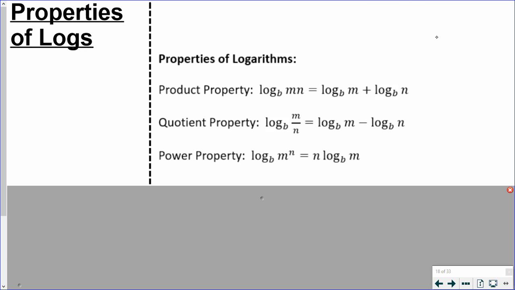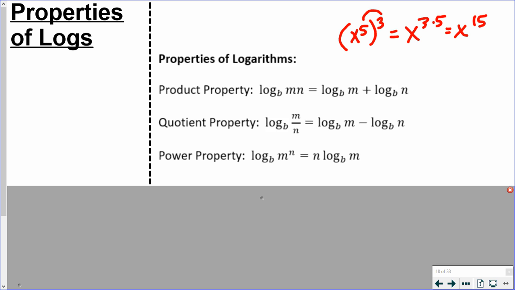And then the last one is called the power property. So if you have log base b of some number to the n power, this property says that that is multiplied in front. And this comes from, like when we had, I don't know, x to the 5th raised to the 3rd power. Well, remember what that meant is that you multiply the exponents. So we do 3 times 5, and that will give us 15.